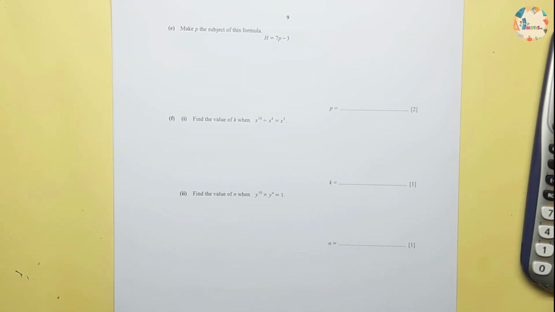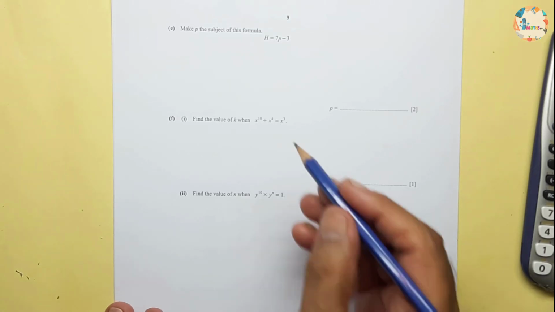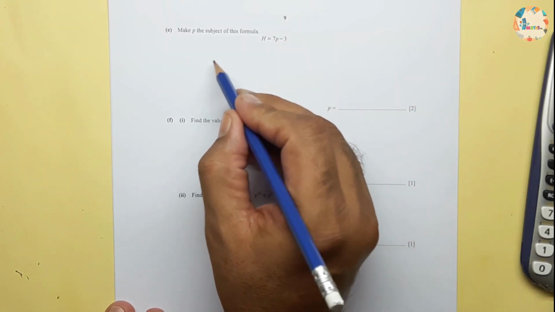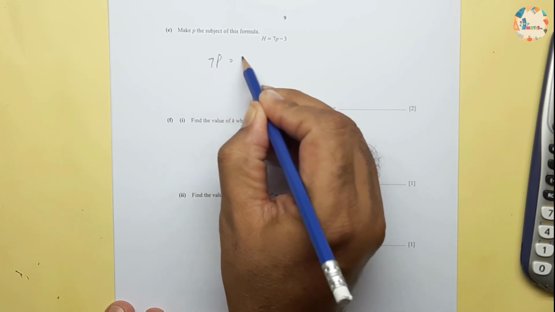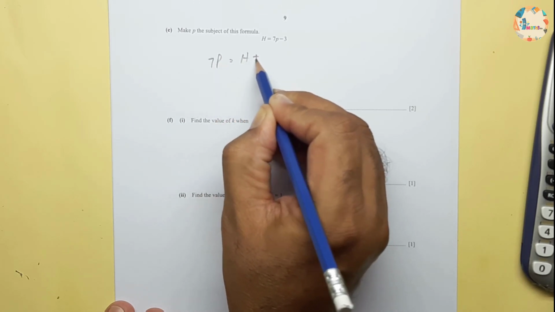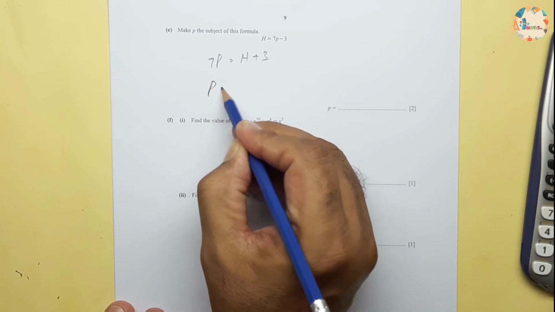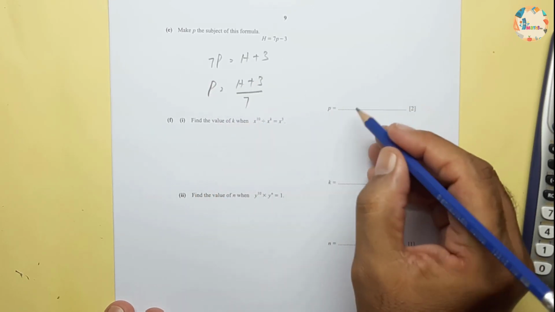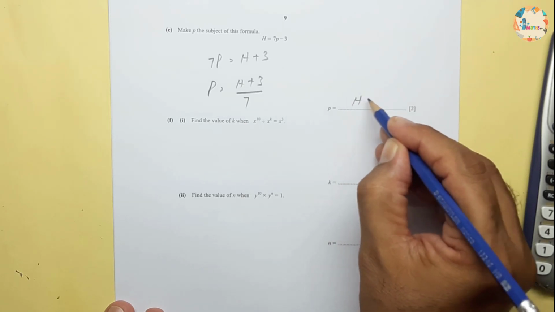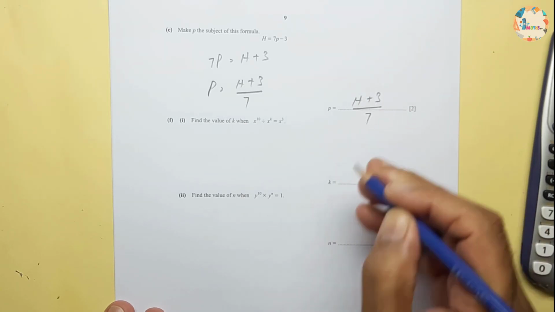Making subject, E part, h is equal to 7p minus 3, and p we have to make subject, so we can shift 3 to other side. So 7p is equal to h plus 3, and p will be equal to h plus 3 over 7. So we can write here h plus 3 over 7.